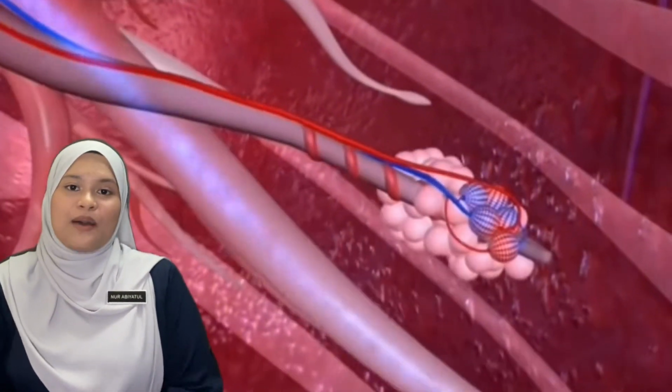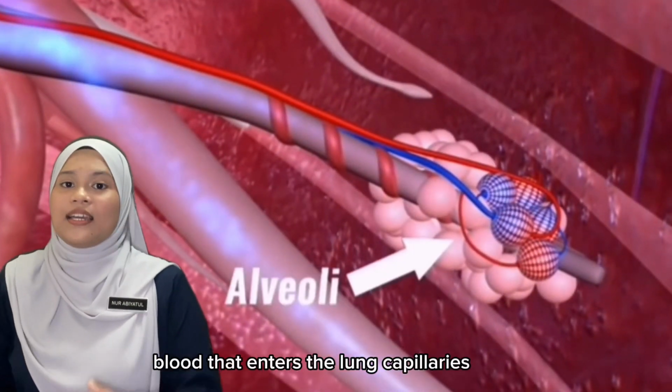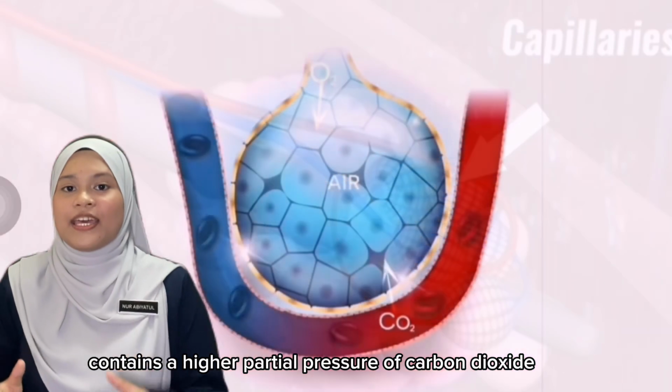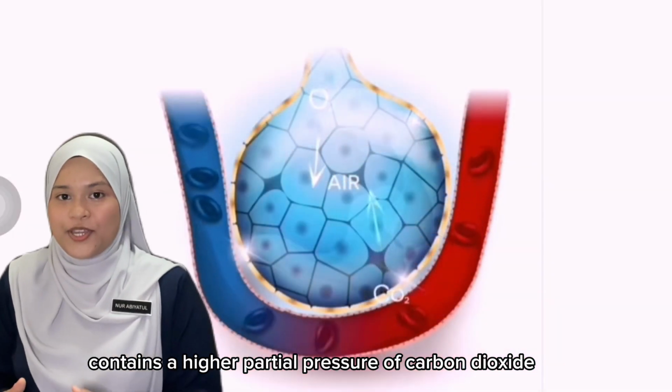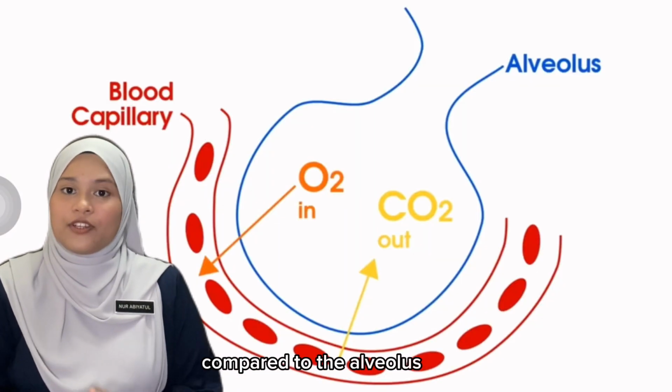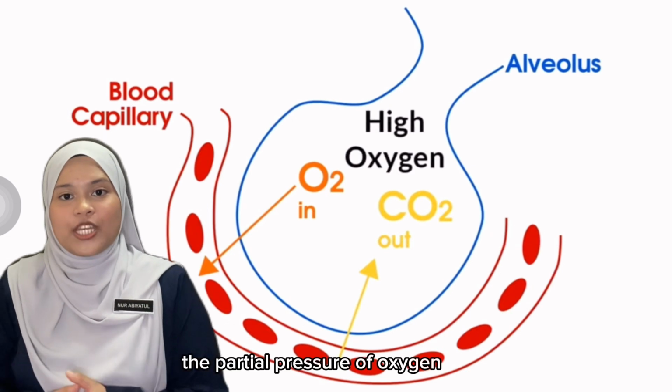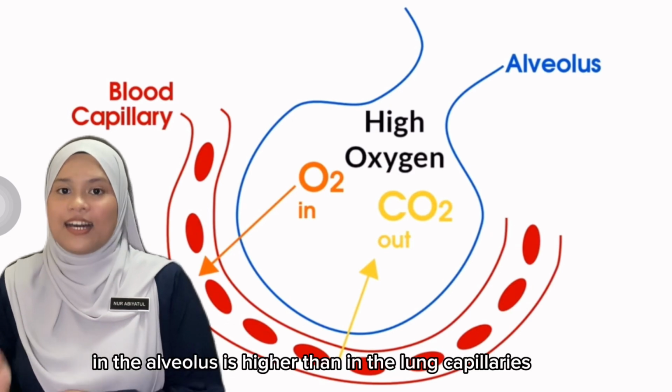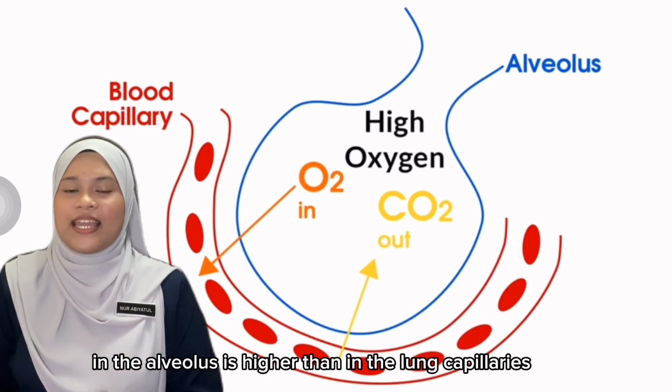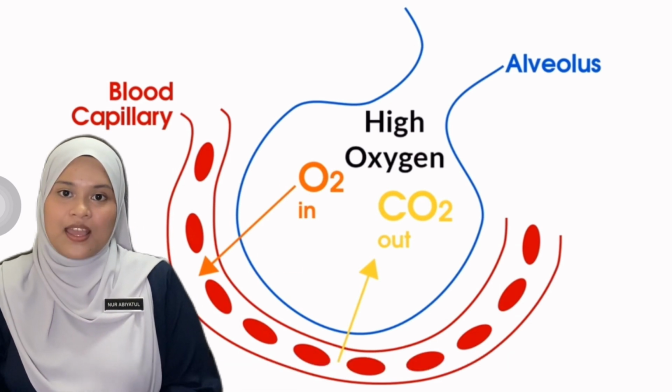In the lungs, blood that enters the lung capillaries contains a higher partial pressure of carbon dioxide compared to the alveolus. The partial pressure of oxygen in the alveolus is higher than in the lung capillaries.